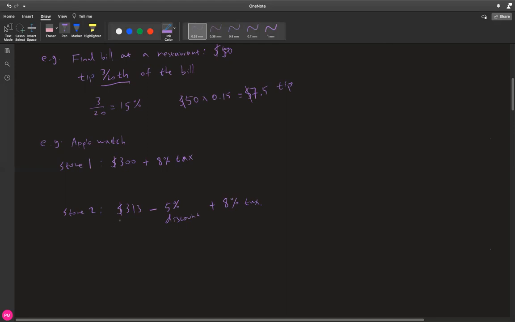At store 2, it's $313, which is more expensive, evidently, than store 1, but you have a 5% discount coupon, or the store is running a 5% discount credit. Whichever it is, you're getting the 5% discount. Obviously, in the state of New York, you still have to pay 8% tax.